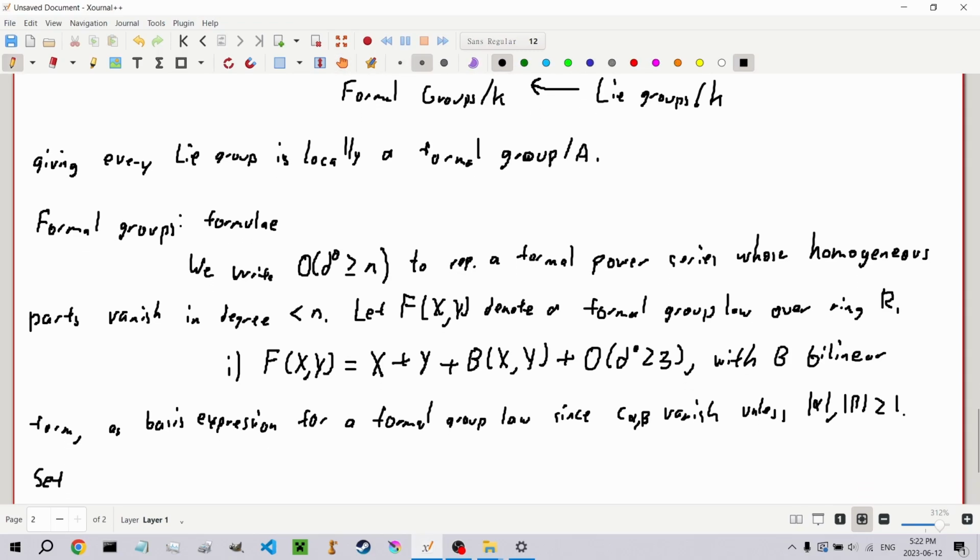And we're going to set our bracket in this case to be, we make a bracket out of the bilinear form the way you always make a bracket out of bilinear forms.